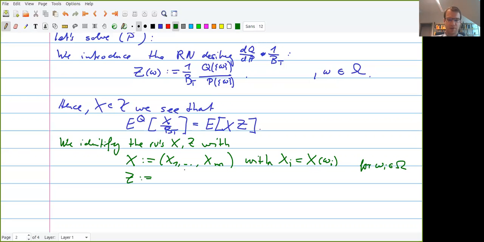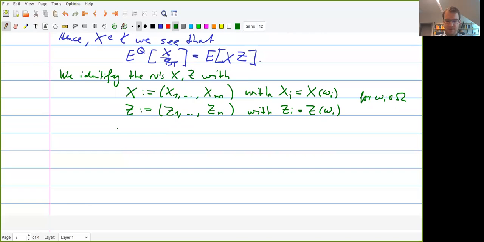So this is one of our elements in the probability space, and the same can be done for z. This is just z evaluated at omega i. Okay, so this is a trick you have seen several times, so I hope this is not scary anymore. Okay, and now let's solve the problem.